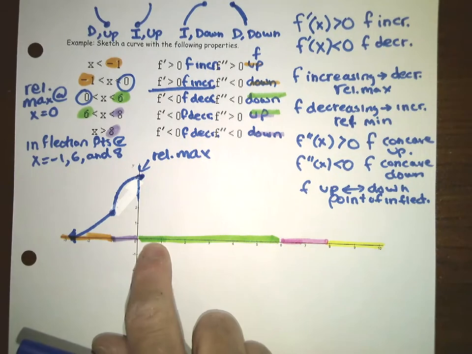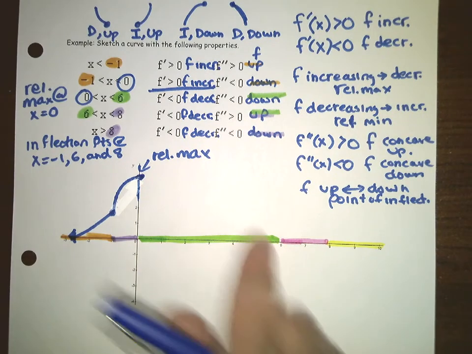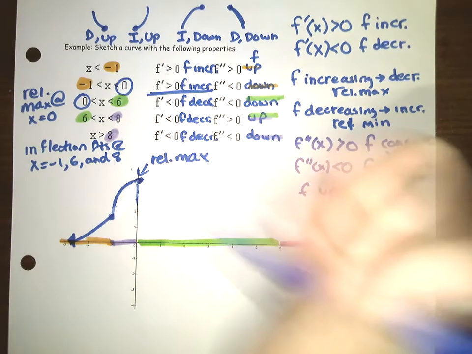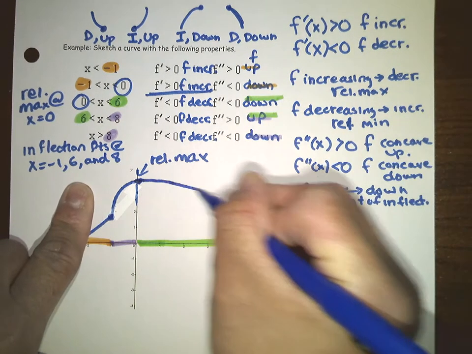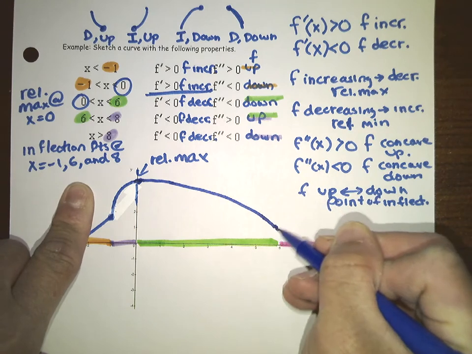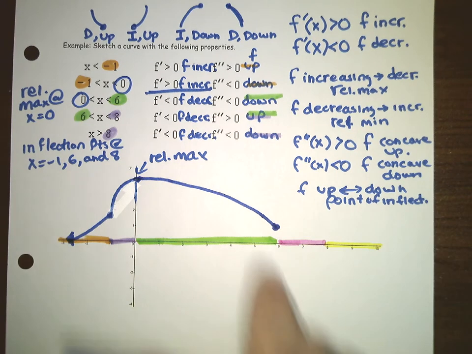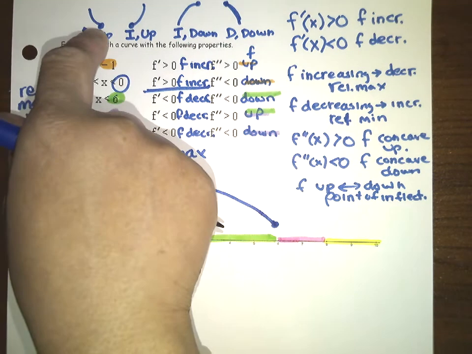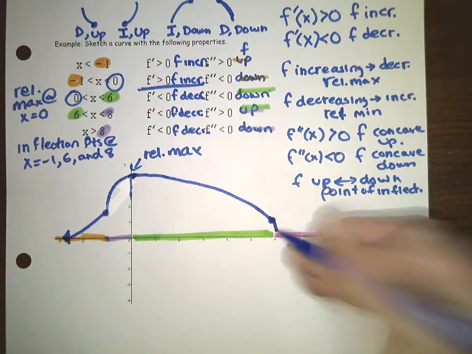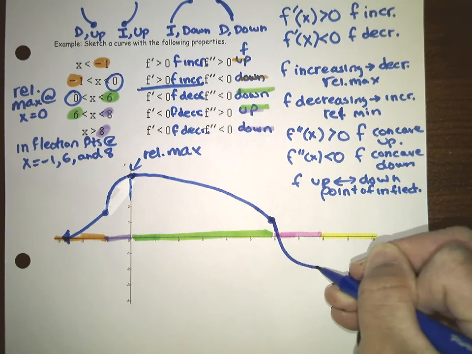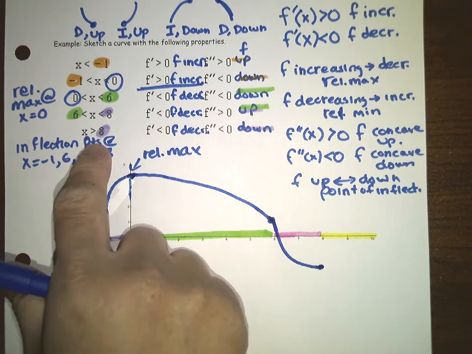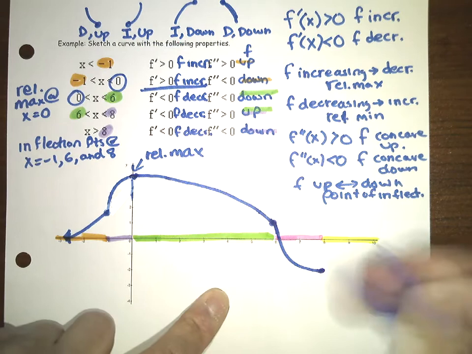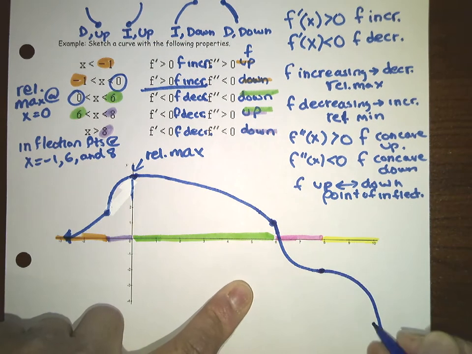So from 0 to 6, I want decreasing and concave down, so something that looks like this. So it doesn't matter how far down as long as I end at 6. And then decreasing and concave up, so I want something that looks like this. So it's going to go like this. And then from 8 on, it will be decreasing and concave down, so it goes back to looking like this.